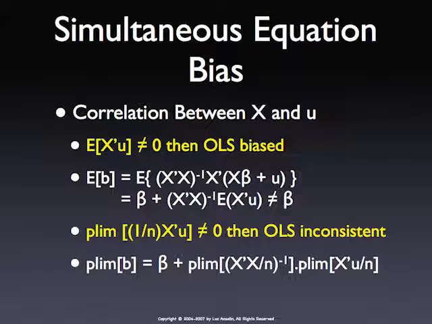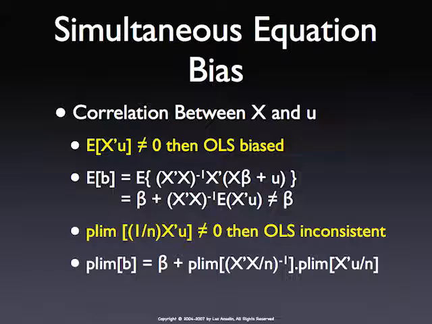And this other thing is what we will be focusing on also later on in order to get the actual properties of the estimator. And in this particular case, we see that since the expected value of X'u is not 0, this second part is not going to be 0. Therefore, there is a difference in a finite sample setup of the expected value of the ordinary least squares estimator and its true parameter value. So that's the finite sample case.